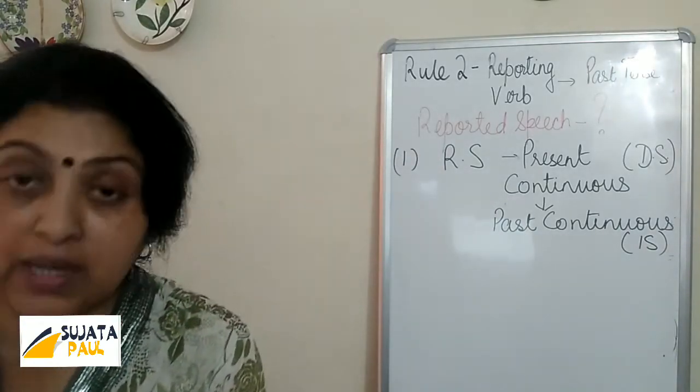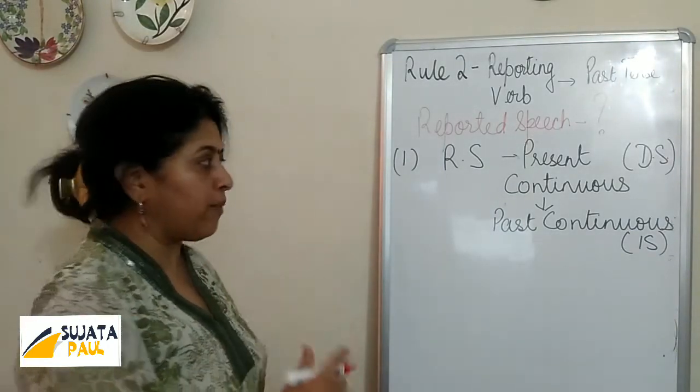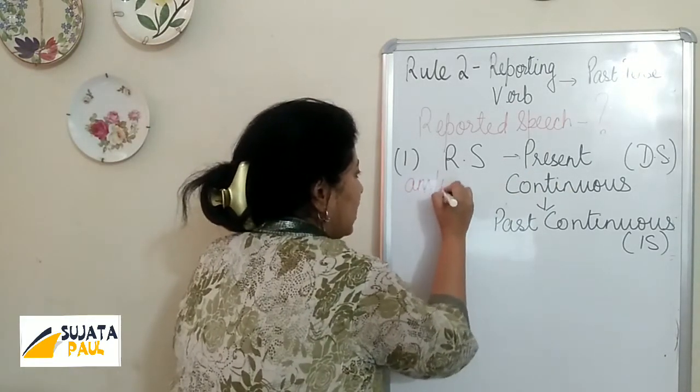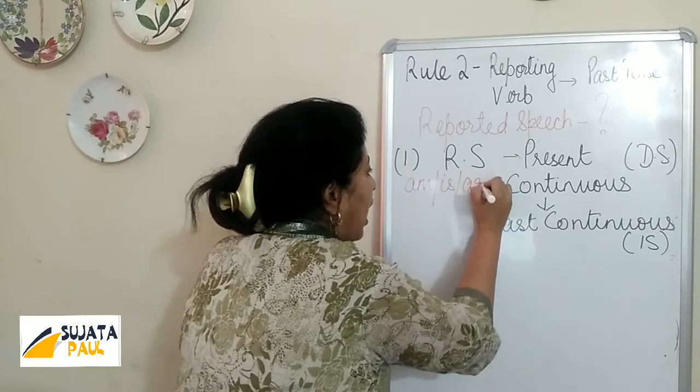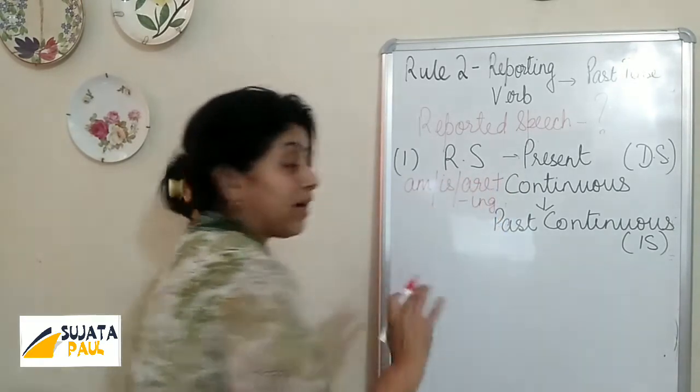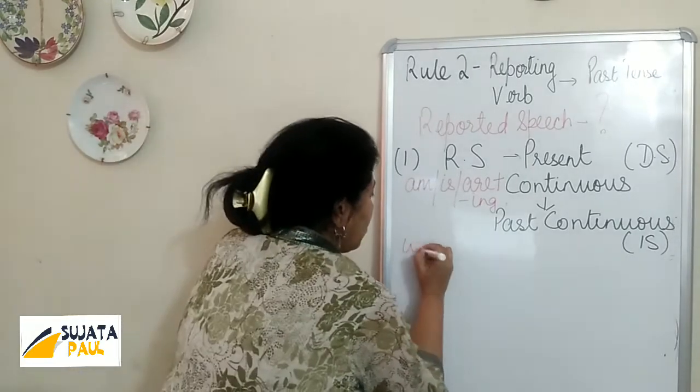This basically means that the ing form has to be there. So this could be am, is, or are plus the ing word. What do I mean by this? I'll just explain it to you.